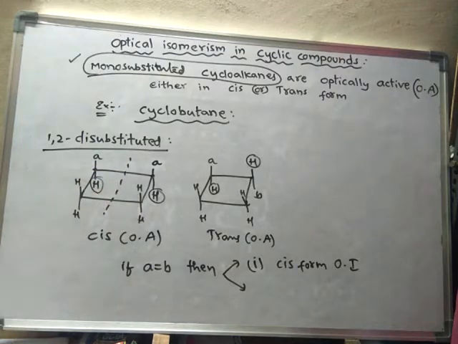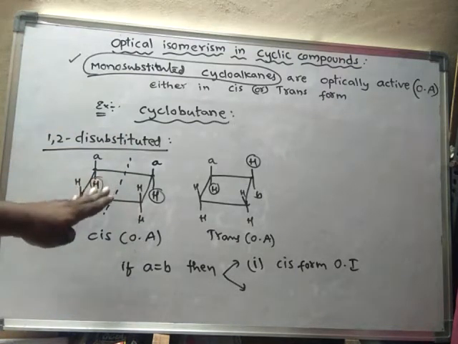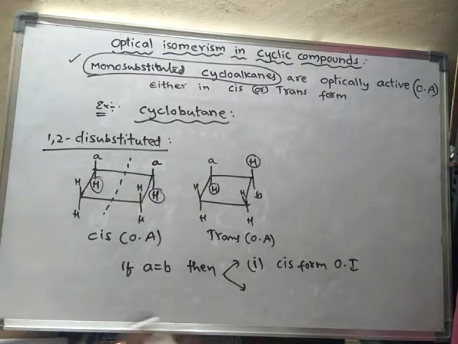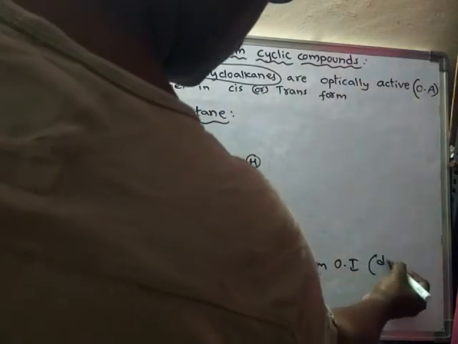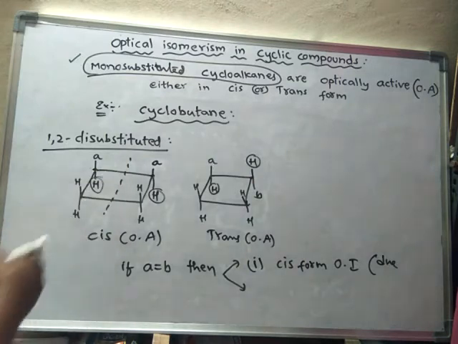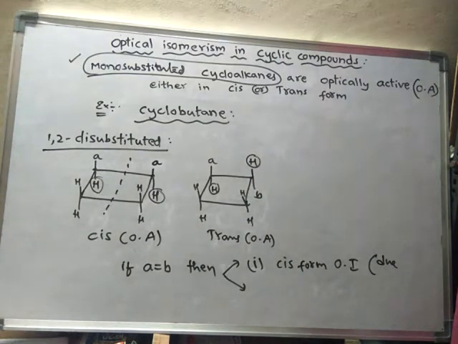This plane will divide the molecule into two equal halves. Hence, if any molecule has any symmetry element, maybe plane of symmetry or center of symmetry or alternating axis of symmetry, then that molecule will be optically inactive.